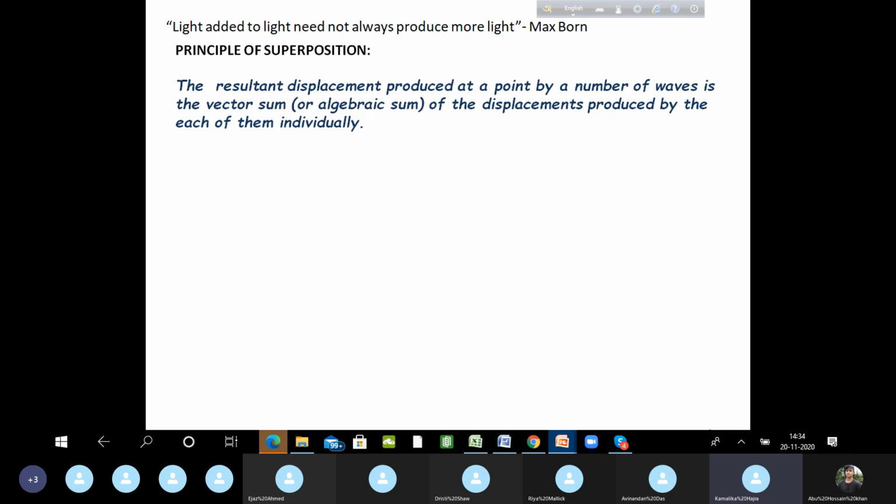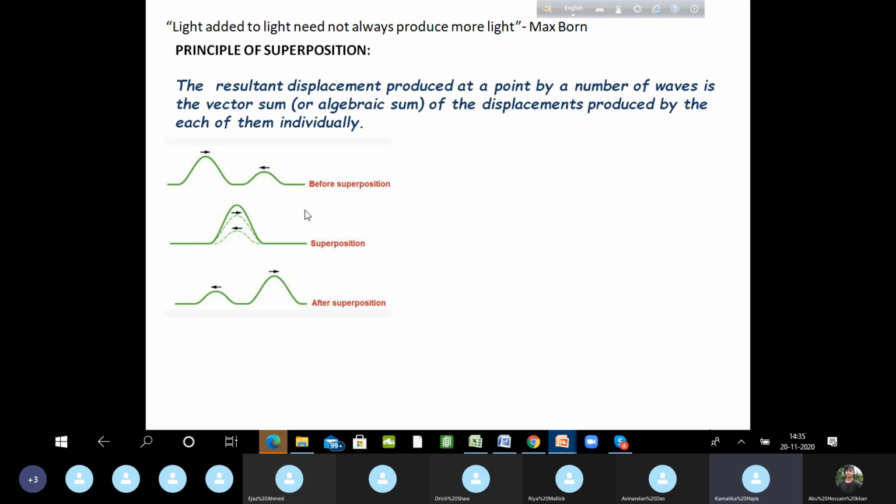It's that the resultant displacement produced at a point by a number of waves is the vector sum or algebraic sum of the displacements produced by them individually. Okay, so in two cartoons I have tried to explain what this means. In the first, we have two pulses, which are moving towards each other. They have different amplitudes.